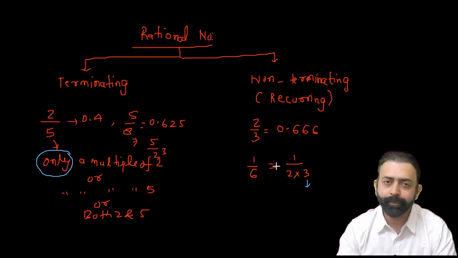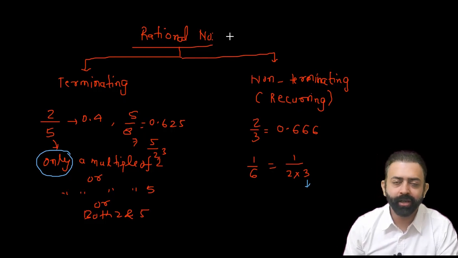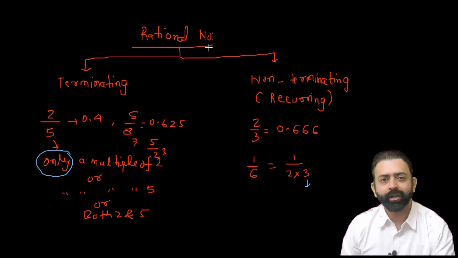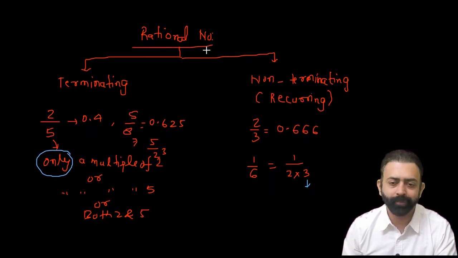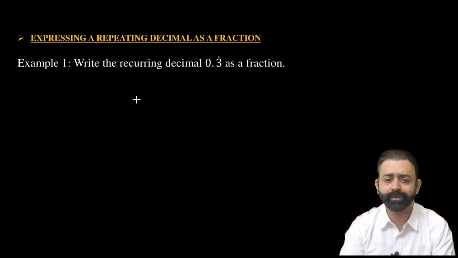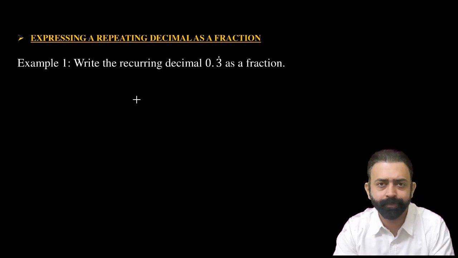Okay, so this was about finding out whether the given rational number is terminating or not. Now from the exam point of view, the type of question that will come is that a recurring decimal is given to you, and you need to find its rational, fractional equivalent. So that is our next topic, which is expressing a repeating decimal as a fraction.